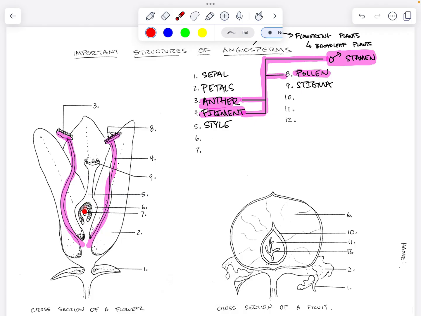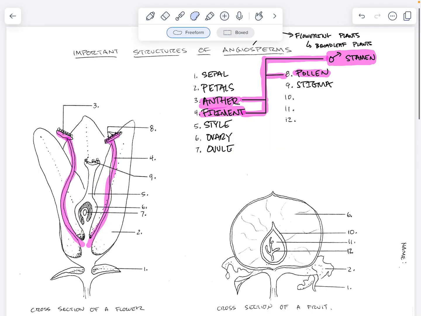Inside of the style is structure 6, which is the ovary. And inside the ovary is the ovule, which is like the plant egg. Depending on the type of plant, there can be multiple ovules inside the flower, or there might just be one.